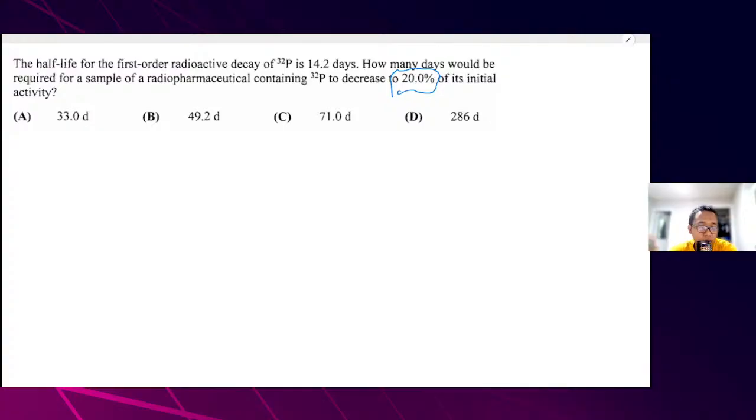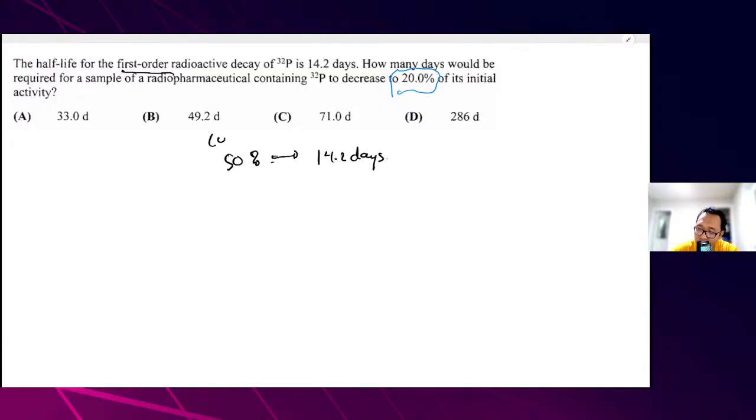Let's solve this problem without any equation, just by using logical thinking. Now we know it's first order, so with the half-life, 50% of the sample will disappear within 14.2 days, with the first half-life.